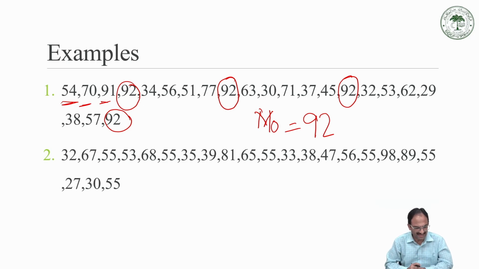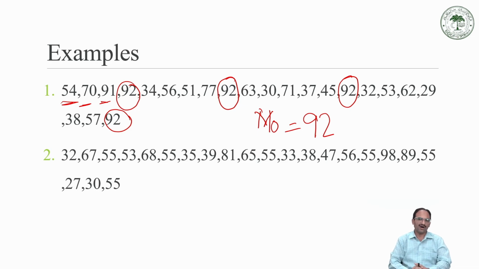Coming to the second example, numbers have been given: 32, 67, 55, 53, 68, 55, 35, 39, 81, 65, 55, 33, 38, 47, 56, 55, 98, 89, 55, 27, 30, and 55. We have to calculate the mode of this data set.